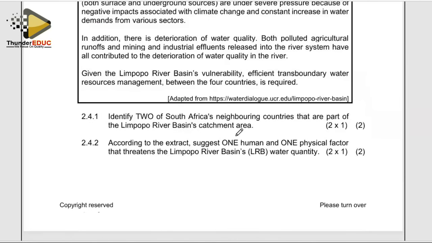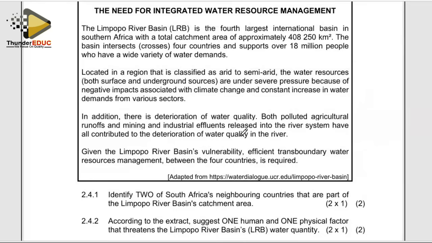According to the extract, suggest one human and one physical factor that threatens the Limpopo River Basin's water quality. Right. One human and one physical.